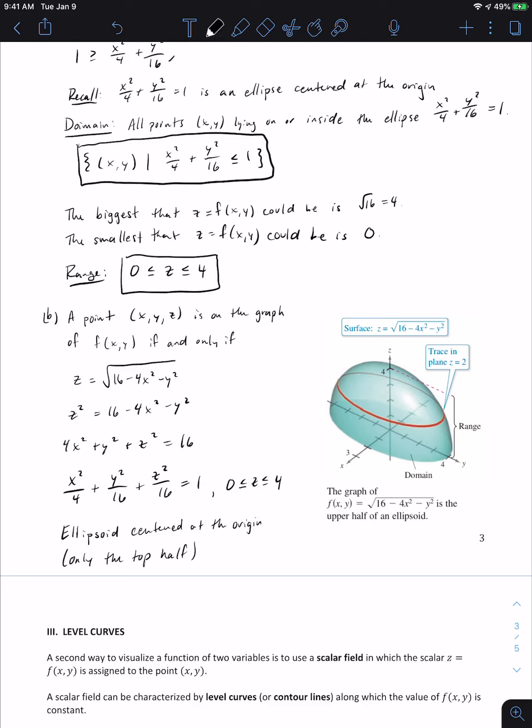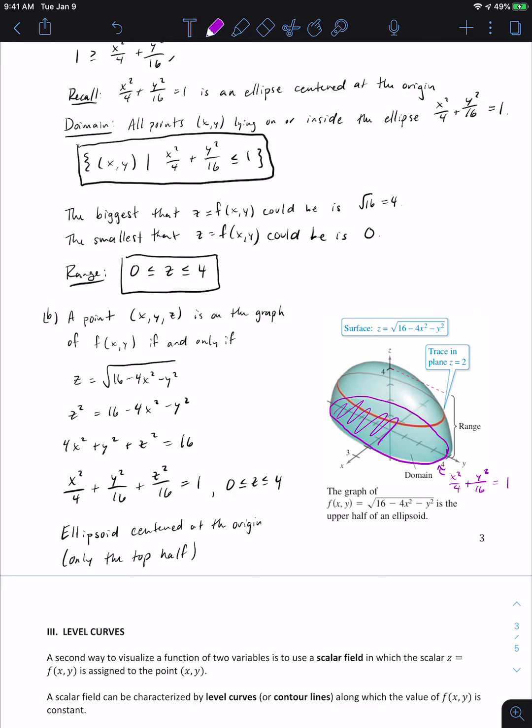So this is my xy plane. Notice that if I look right in here, this is my ellipse. This shape right here is my x squared over 4 plus y squared over 16 equals 1. That's my ellipse. That's my domain, my allowable x and y values.